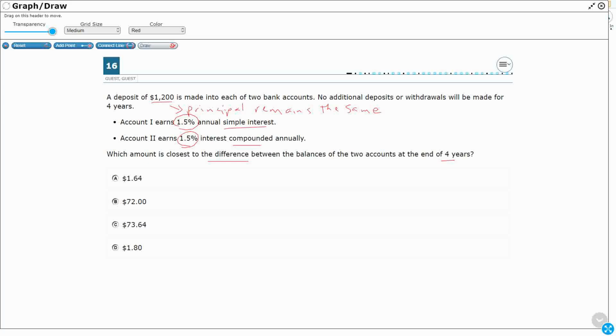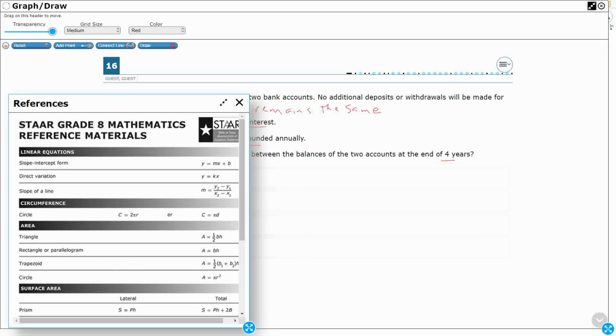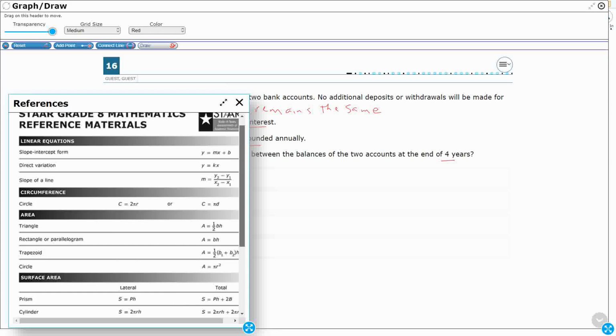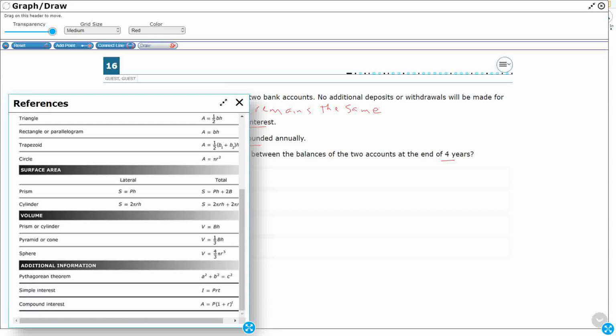All right, so that's quite a bit of work there. So let's pull out our reference materials just to make sure that we have the calculations for interest. So I'm going to put simple interest.